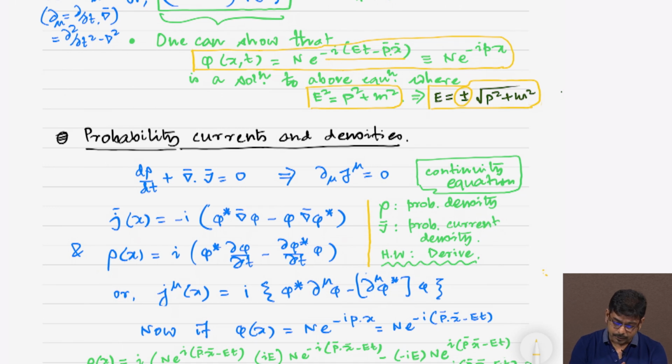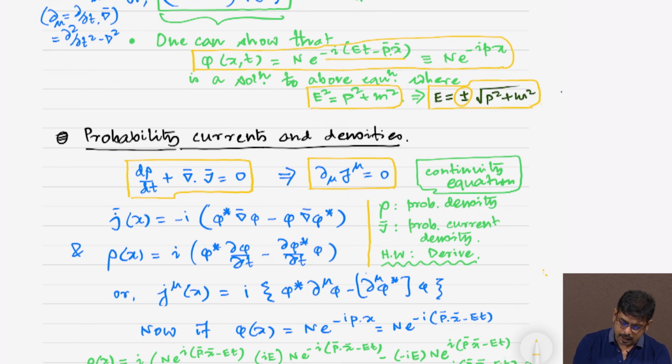The second point is the following: if you want to construct a continuity equation out of this Klein-Gordon equation, which is of the form ∂ρ/∂t plus divergence of j equal to 0, which can also be written in a Lorentz covariant way using the 4-derivatives as ∂_μ j^μ equal to 0, where j^μ has essentially 4 components.